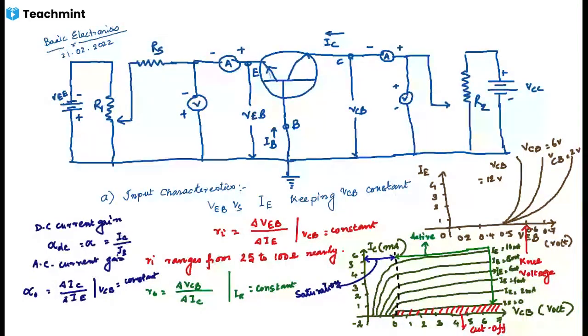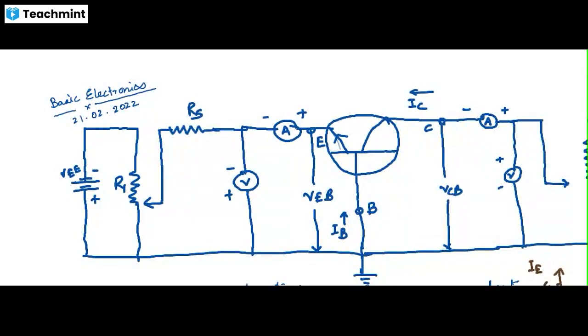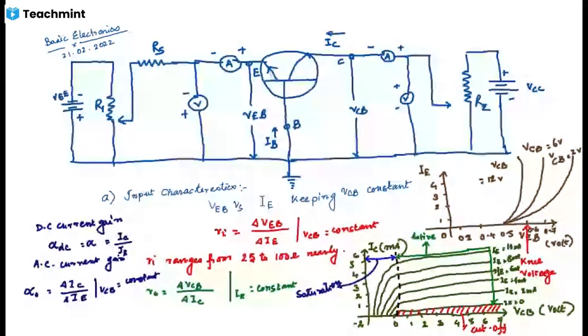Does anybody have any problem with this? Any confusion, anybody? Yes, sir. Emitter current will also be in milliampere, right, sir? Yes. Okay, so this is the base configuration. We are going to the next page.